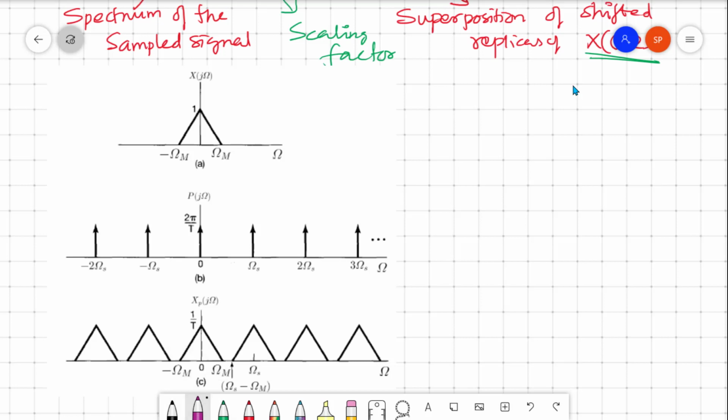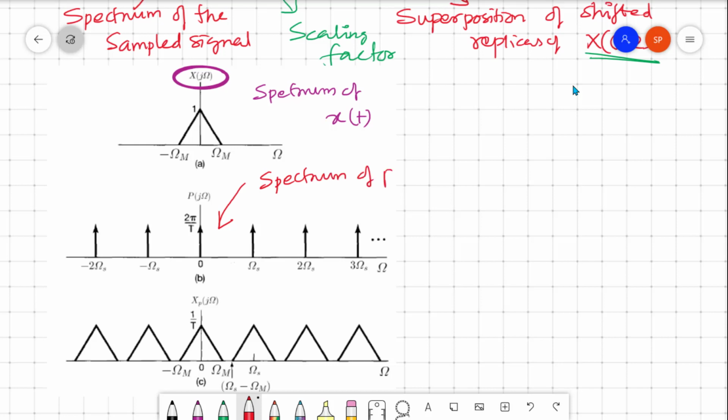You can clearly see that X of j omega is the spectrum of x of t, that is the CTFT of the original signal. Now this is the spectrum of p of t. What is p of t? Impulse train. We have already derived in the previous video that the spectrum of an impulse train also will be an impulse train with its amplitude equal to 2 pi by T, which we have already seen.